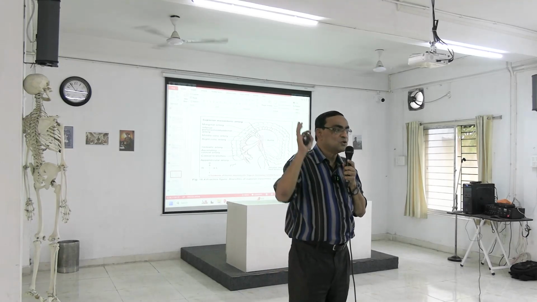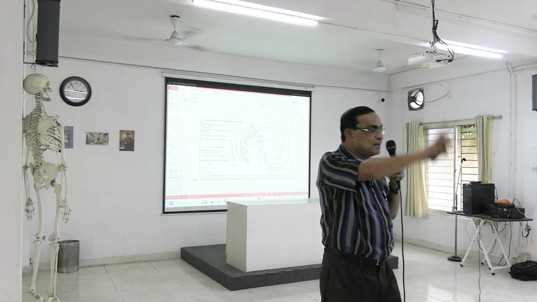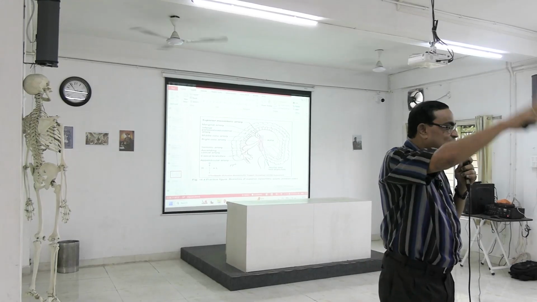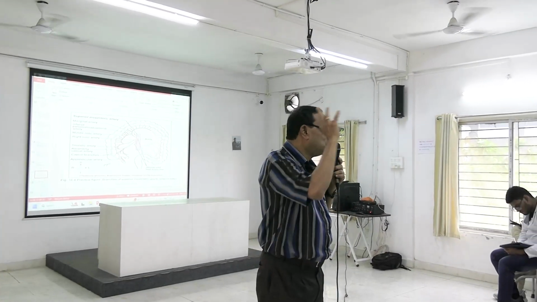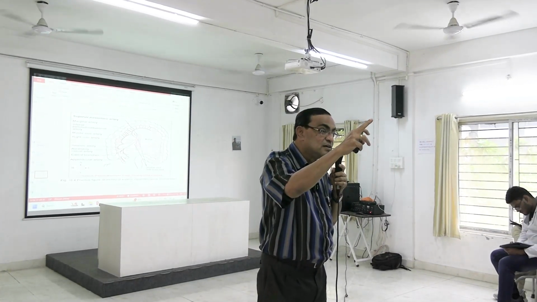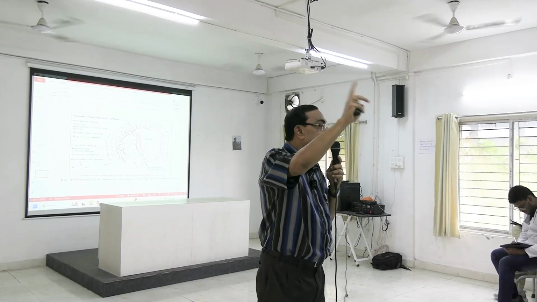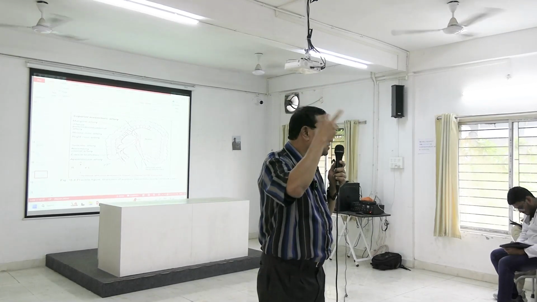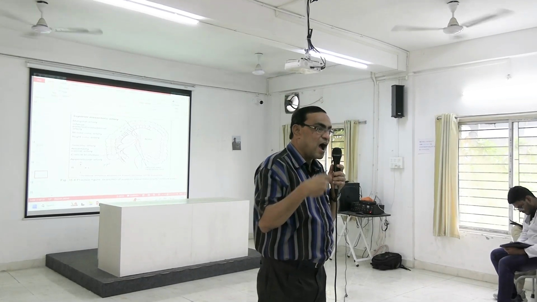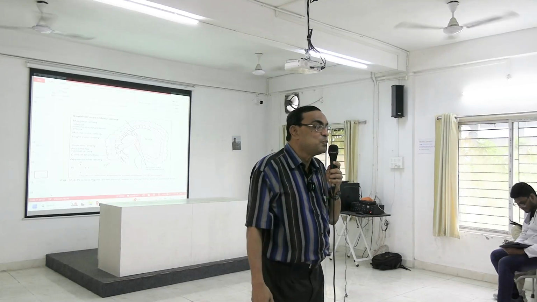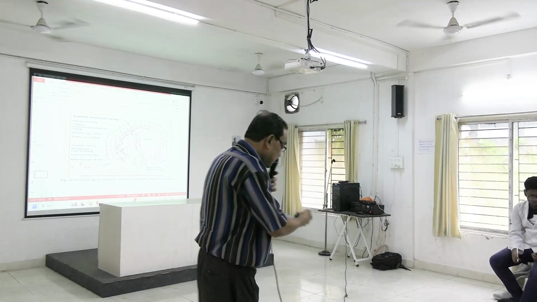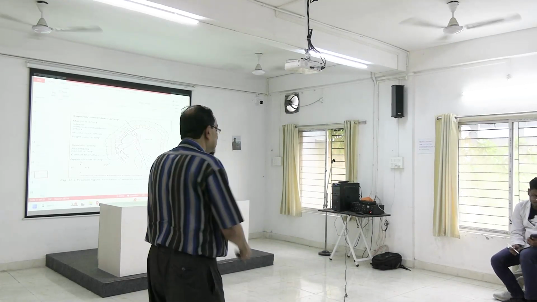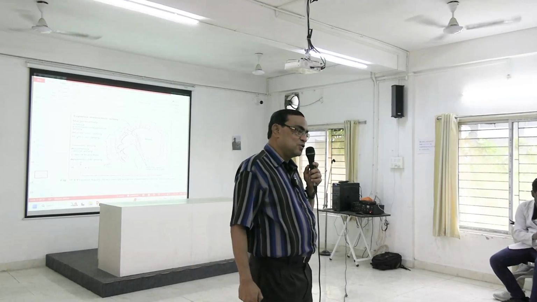So in a nutshell, there are three arteries for the gut. One is the artery of the foregut, that is the celiac trunk. Artery of the midgut, superior mesenteric artery. Artery of the hindgut, inferior mesenteric.